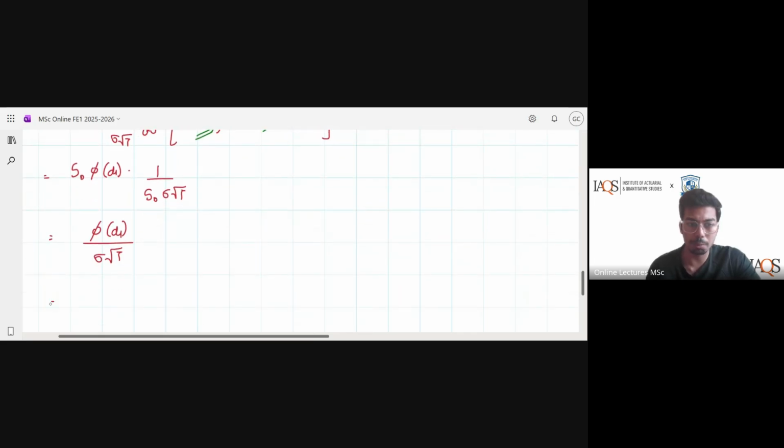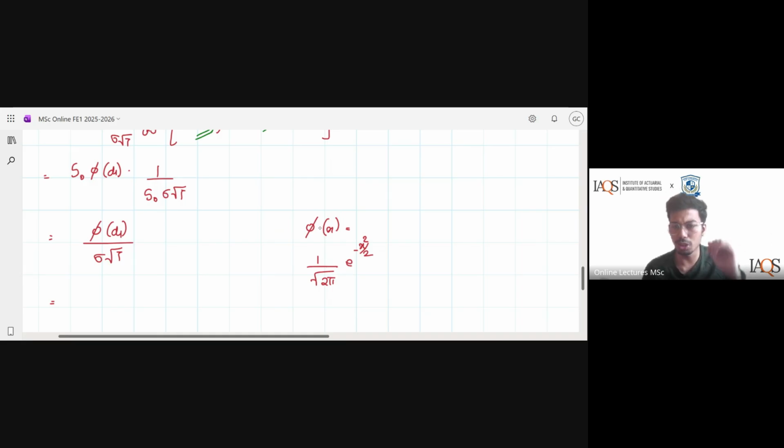The only thing I can probably do is, I know the PDF of a standard normal distribution, phi of x. If you go to your table books, this is equal to 1 upon root 2 pi e raised to minus x square by 2. That's the equation for the PDF of a standard normal distribution.